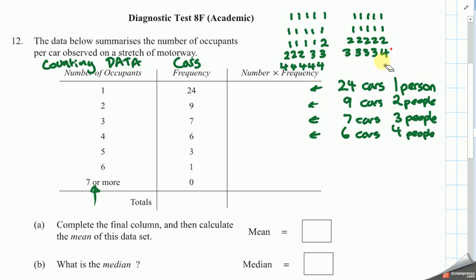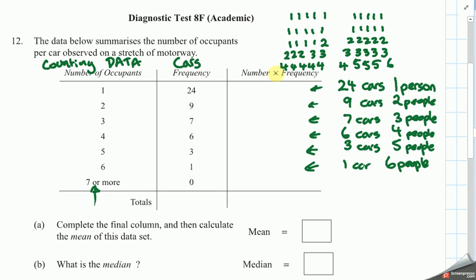I didn't do the right number of 3s up here. I have 6, but there should have been 7 3s. So I need another one, and now I have 3 5s, and we have 1 6. So this line is 3 cars with 5 people, and 1 car with 6 people.